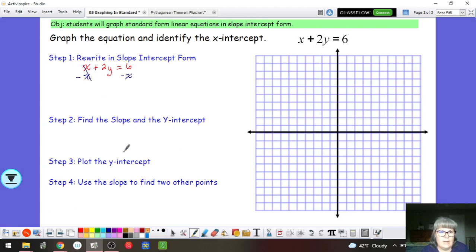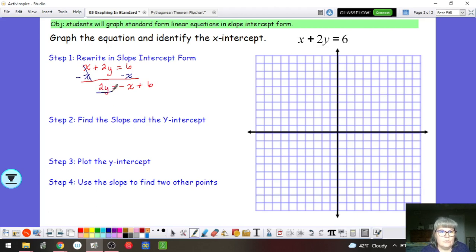That zeroes it out on the left side. And I'm left with 2y equals negative x plus 6. And I write plus 6 because my 6 is positive. I also need y to be completely by itself.